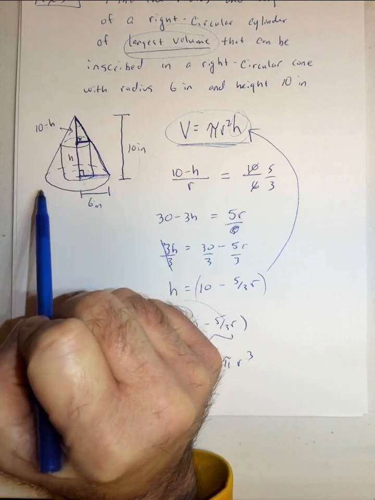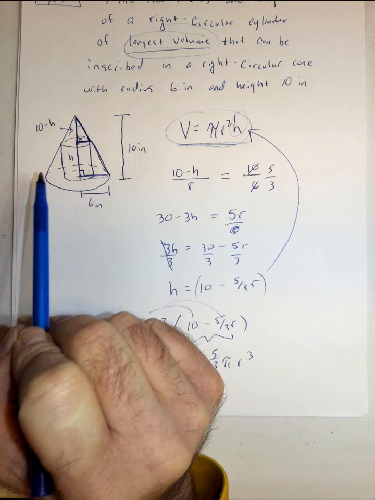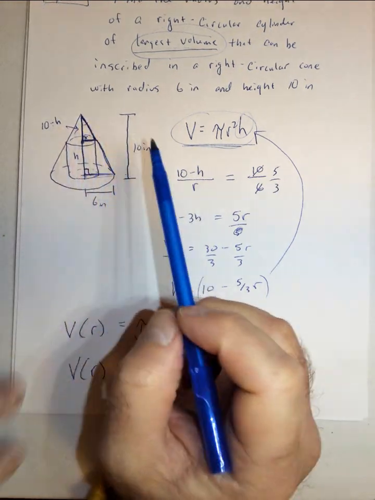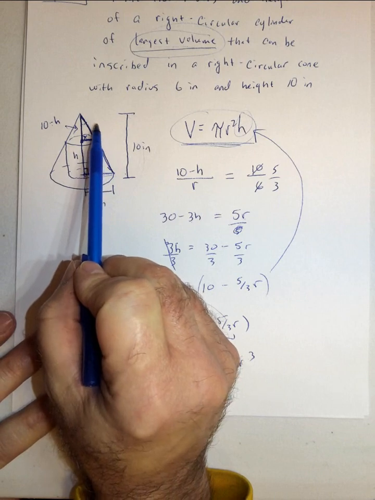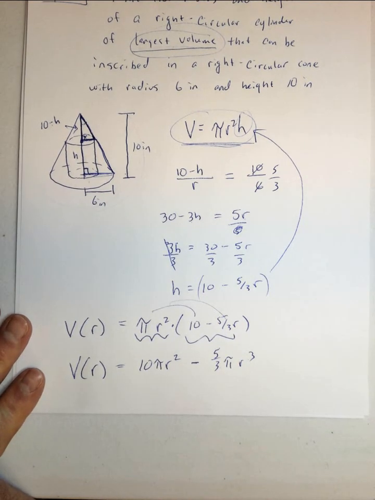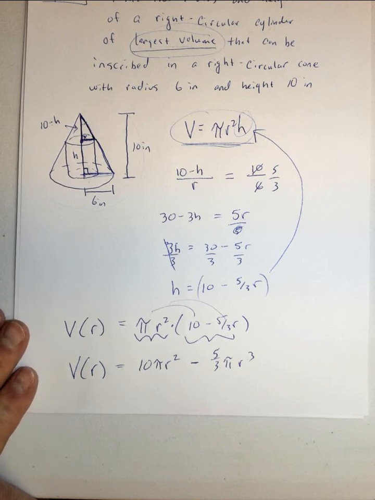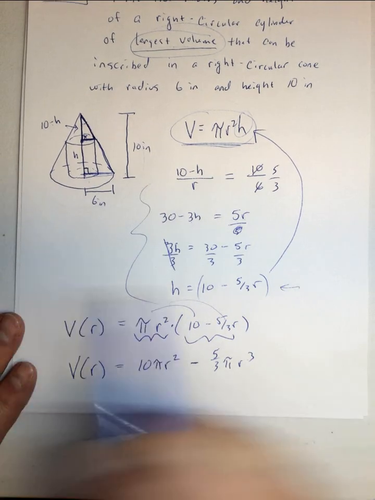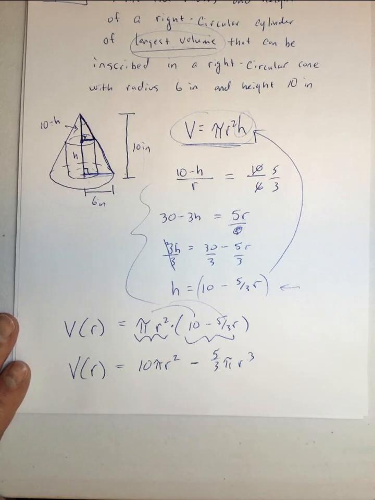You could have used the Pythagorean theorem here, but I chose not to, because that would have given me this whole square root, which you can do and it will work, but look for similar triangles. If you have a situation where you've got a couple of triangles, a big one and a small one, look for those similar triangles, because this was a much easier and simpler equation in the end to work with.